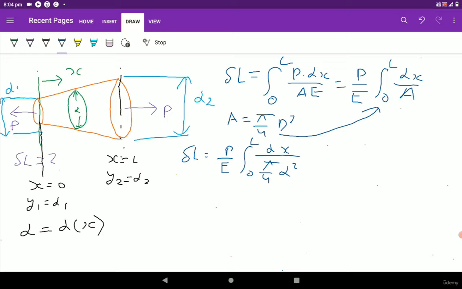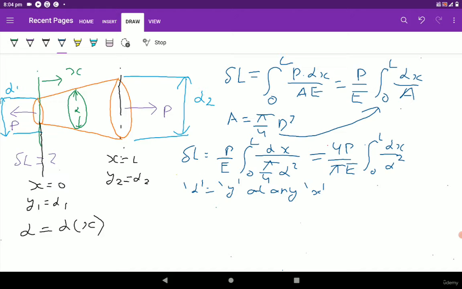So pi by 4 is a constant term, so we will take it out. It will look something like this: 4P upon pi E integration of 0 to L dx upon d square. Now we have to find, using the 2-point straight line formula, where d is equal to y at any x.